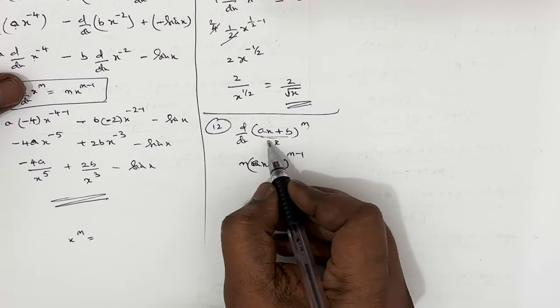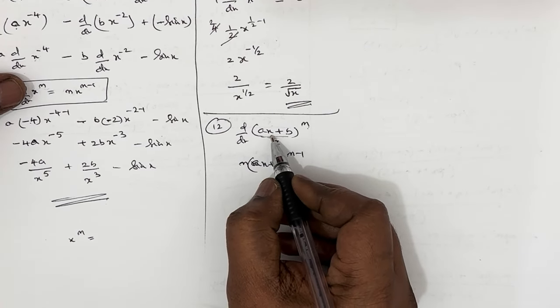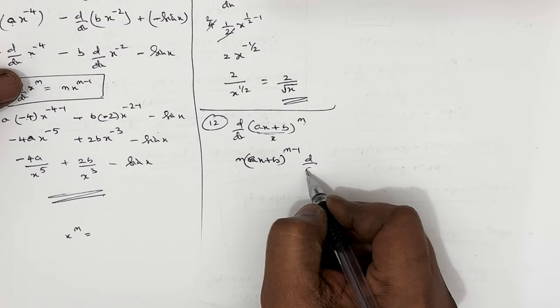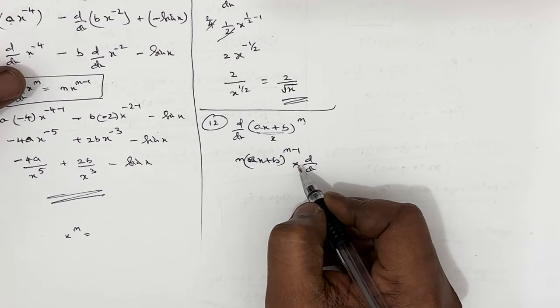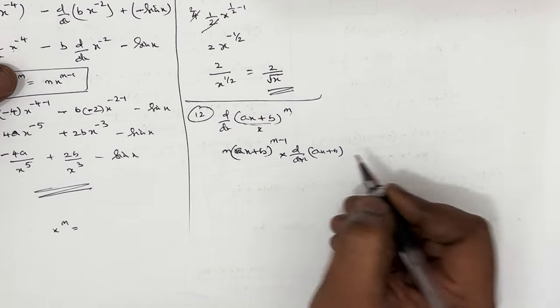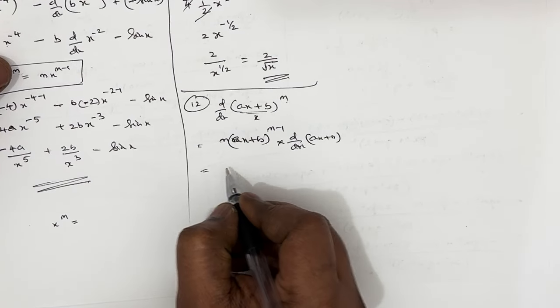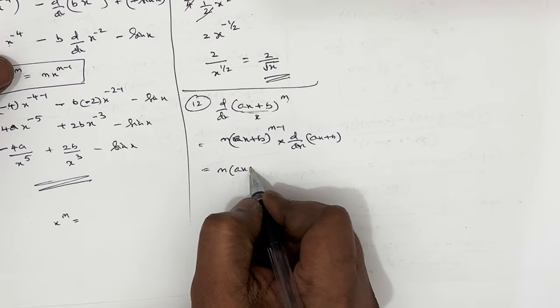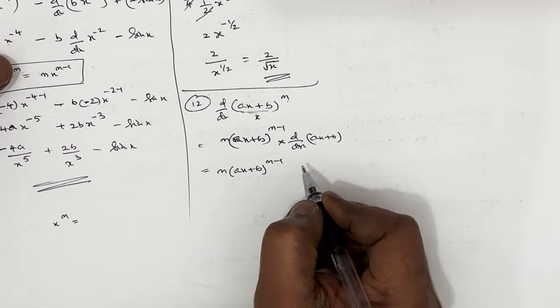Now again, since this is an assumption as x, we will differentiate this again, multiplied by its derivative, d by dx of ax plus b.